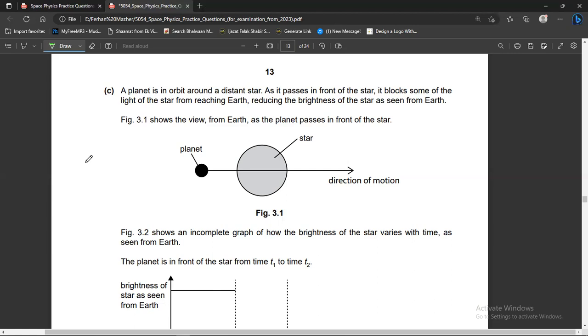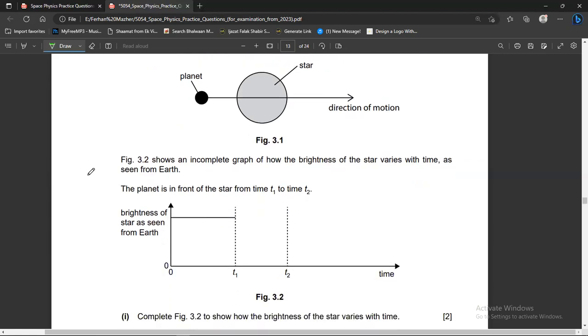The planet is in front of the star from T1 to T2. So when the planet comes in front of the star, it means the planet is between the star and the Earth. The planet will block some of the light of the star, and obviously it cannot block all the light.